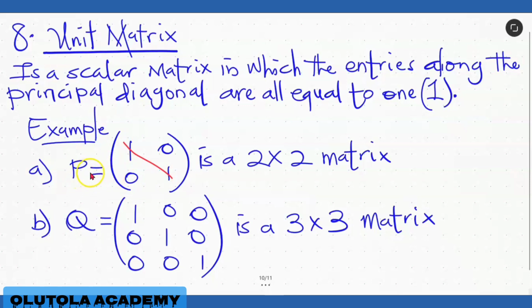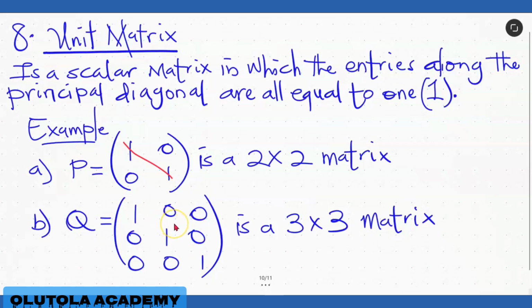Matrix P is a 2 by 2 unit matrix because the elements along the principal diagonal are all equal to 1. Same thing for matrix Q. The entries on the principal diagonal are 1, and all other entries are 0.